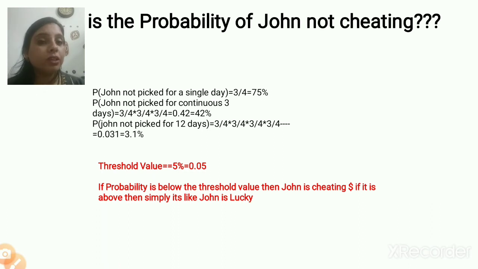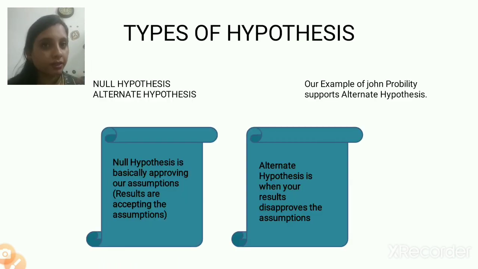The thing we need to consider in this example is that the result we are getting is not equal to the result we were assuming. We assumed that John is not cheating, and what we are getting is that John is cheating. It is exactly opposite to the assumption we made while starting the hypothesis.